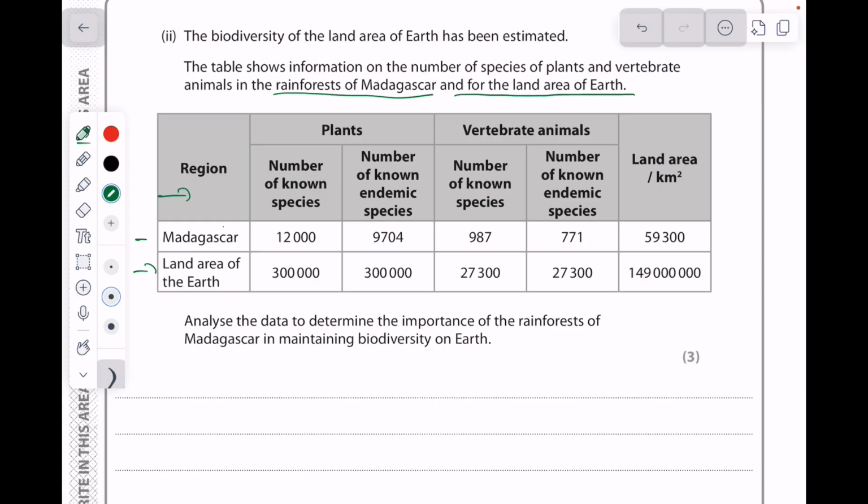So we've got Madagascar versus the land area of Earth, and we've got plants then. First, looking at the number of plants, number of known species, number of known endemic species. Okay, so that's probably the total, right? And then of that total, how many of them are endemic?